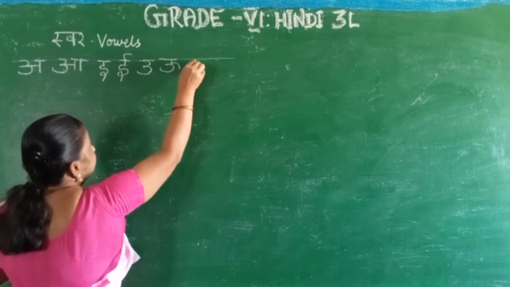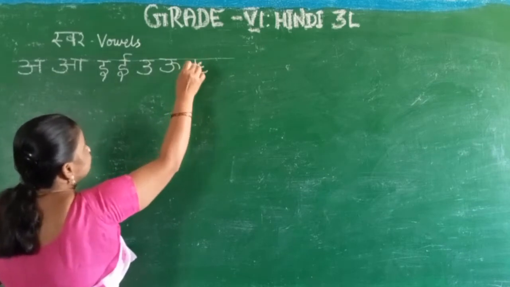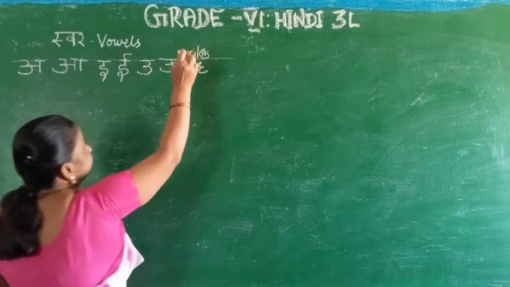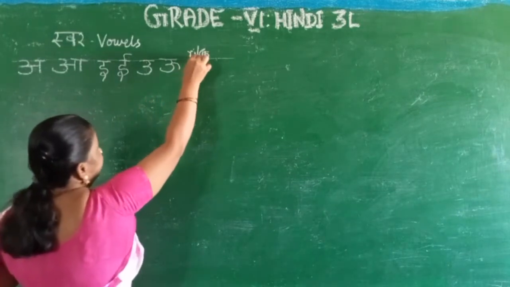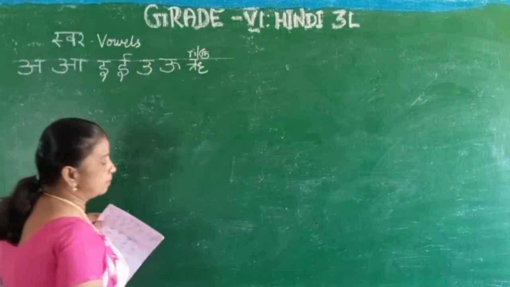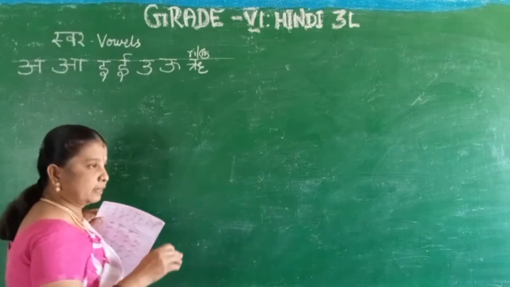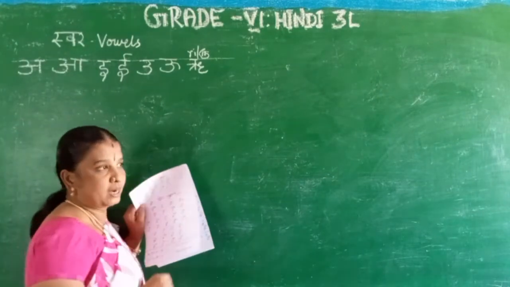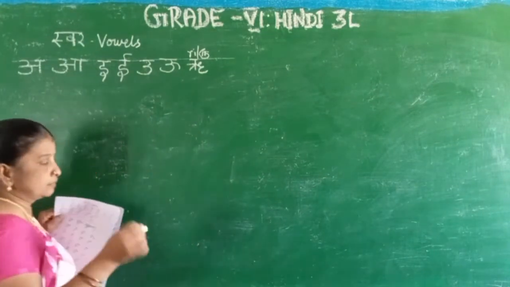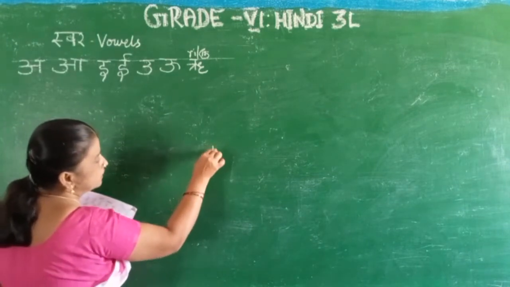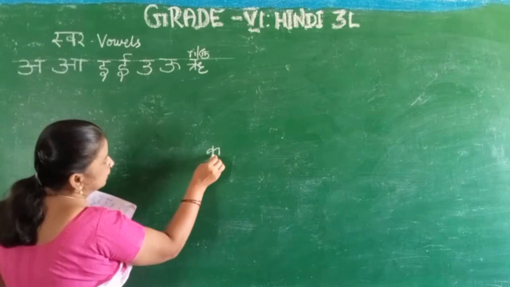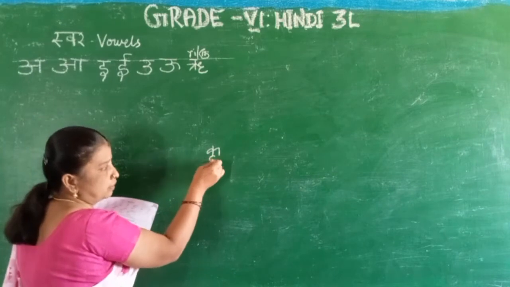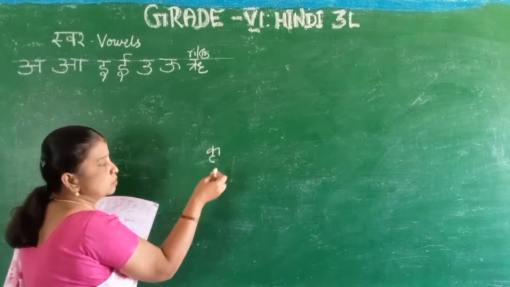Next one, re. This letter has two sounds. In the previous video also I told you, as a vowel this letter's sound is re. But when it comes within a consonant, you know the symbol, hereafter I will teach that each and every letter has a symbol: A matra, E matra, U matra, like that. This letter also has a symbol like a C below the letter. For example, Ka is there, no? The re matra symbol is like this. But how do we pronounce the consonant with this vowel? Kru.